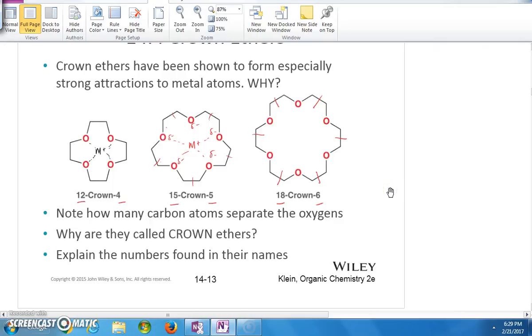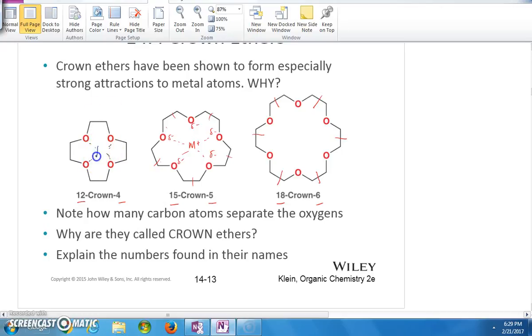Now, crown ethers have been shown to form especially strong attractions for metal atoms, and that's because they're able to solvate the metal cation. As you can see here, if you have a metal cation trapped in the middle, it can be solvated by the negative dipoles on the oxygen. And so typically you can have lithium sitting in here.